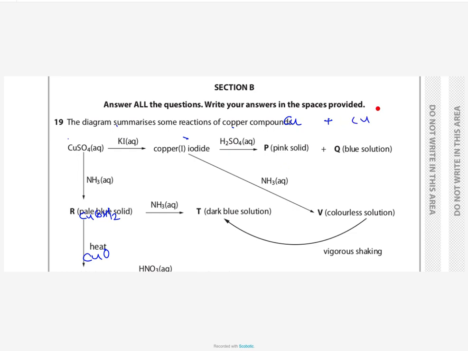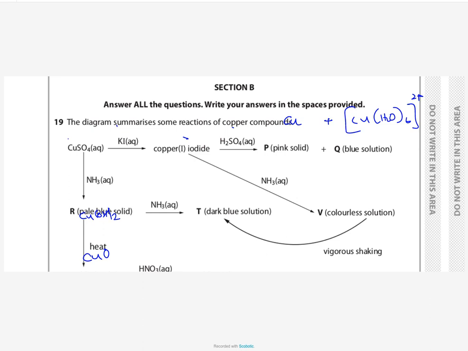That's the blue solution. You can just write aqueous copper 2 plus, or you can write the formula of the whole complex. You can just write Cu2+ aqueous as well. That has to be the blue solution because copper 2 solutions are blue. Copper solid is pink. And when you add ammonia, you get a colorless solution.